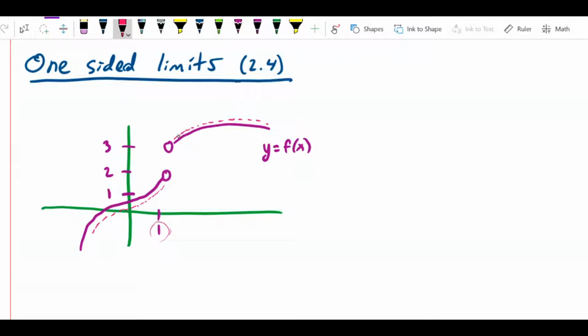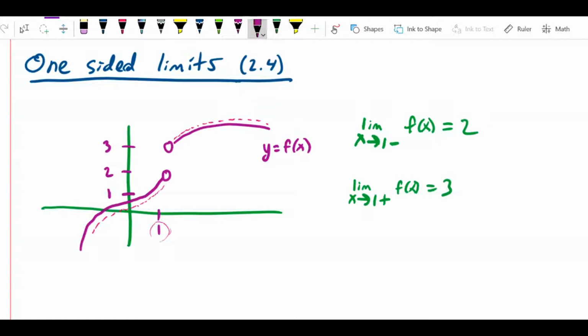What we can say is that we can talk about the left-hand limit and the right-hand limit, or you can think of it as the limit from the left side and the limit from the right side. So the description of the situation that we have here is that we would say that the limit as x approaches 1 minus, I'll explain in a minute what that means, of f of x is equal to 2, and the limit as x approaches 1 plus of f of x is equal to 3.